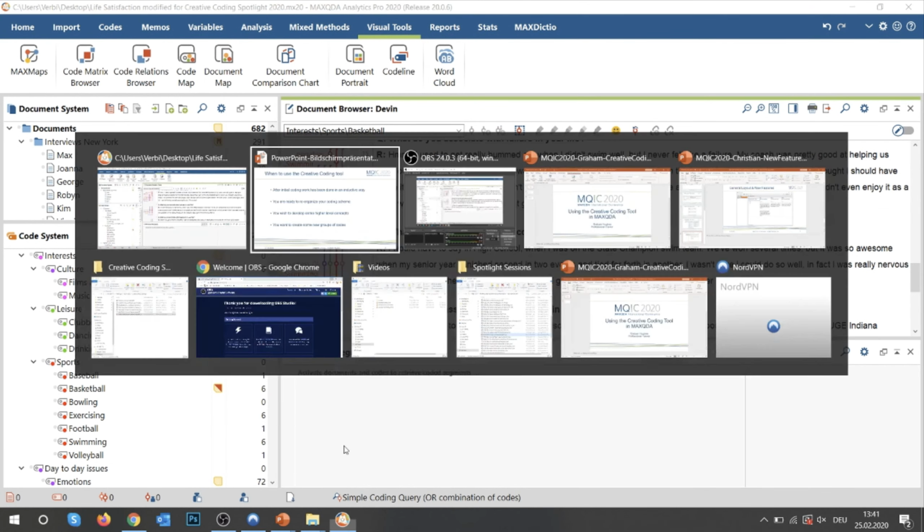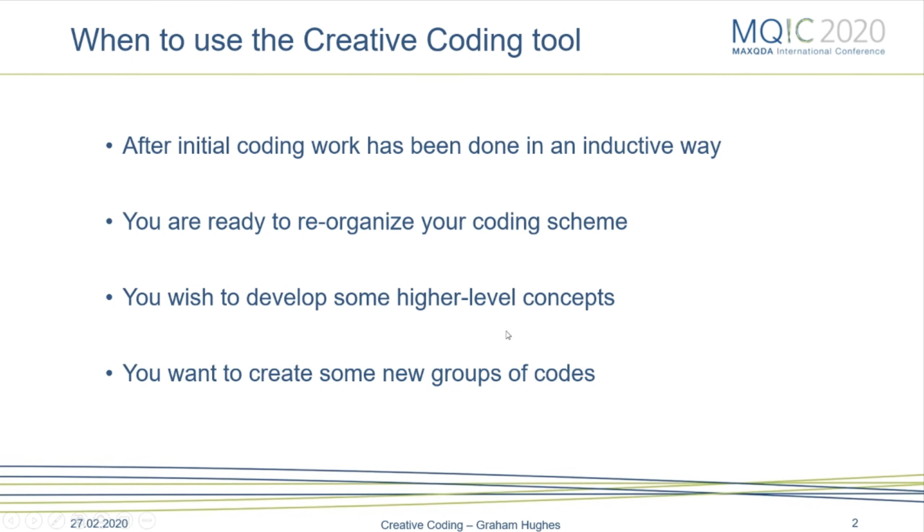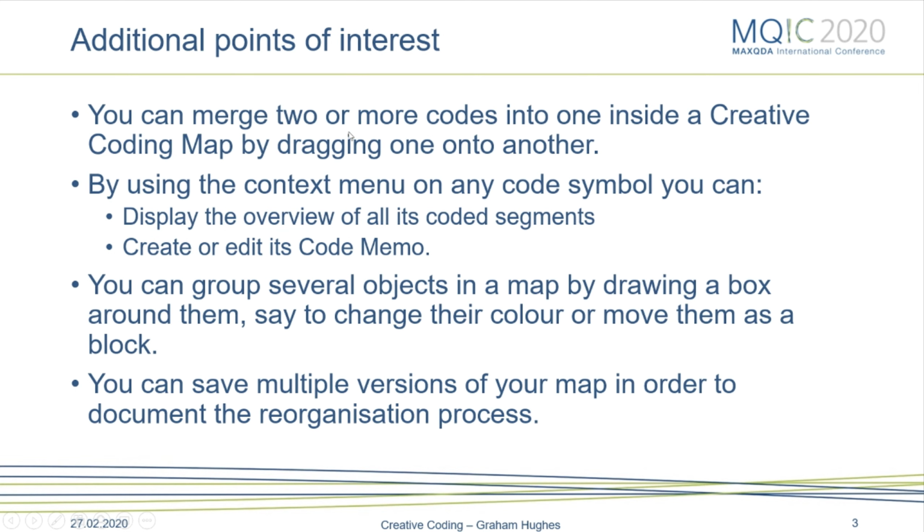Let's just quickly go back and summarize. You use creative coding after you've done your main coding work. You can still go on and do more coding work. It's not an end of scheme, but it's as you're developing, reorganizing your code scheme and introducing higher level concepts. I've demonstrated that you can merge codes inside a creative coding map. You can display the coded segments for any one code.